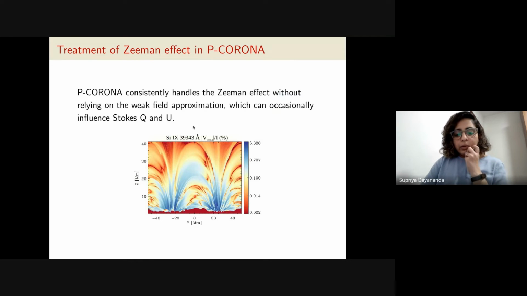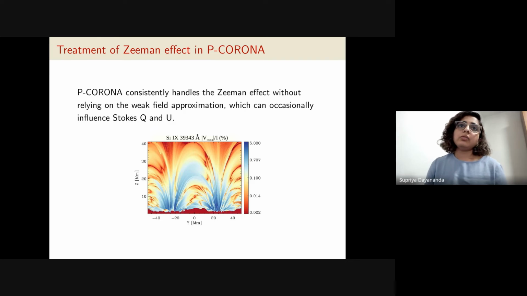At this point, I would like to point out that in PEAK Corona, we consistently handle the Zeeman effect without relying on the weak field approximation. What do I mean by this, and why is it important? Stokes V, whether you are in the weak field approximation or a consistent treatment, is not going to change.